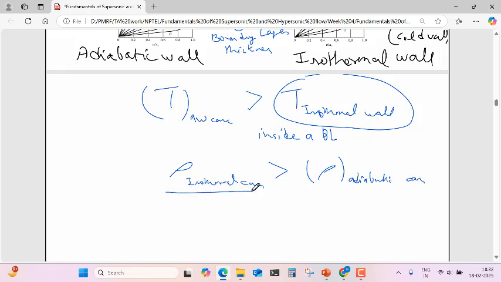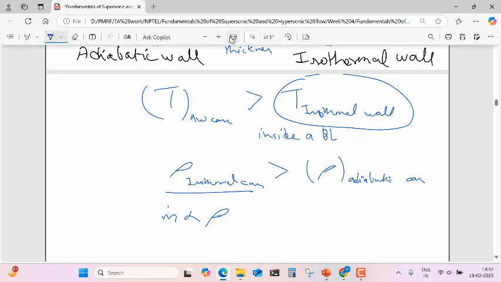So if density is high, it means to accommodate the mass flow inside the boundary layer, it needs less thickness. For the same mass flow inside the boundary layer, it needs less thickness, because mass flow will depend on density and volume.